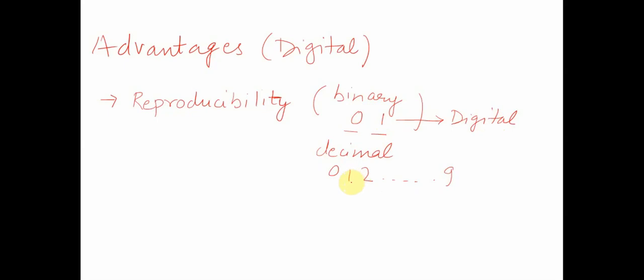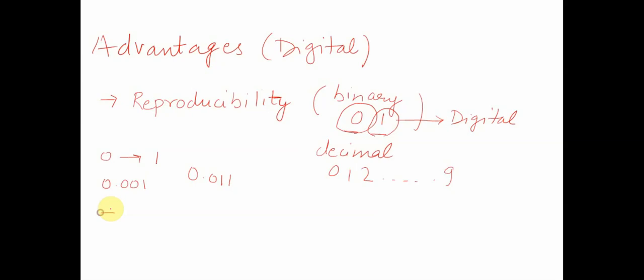When a system operates only in zeros and ones, if we have to trace some bug or failure, it can easily be retraced, because we have only a finite set of values, 0 and 1, in contrast with an analog system which could have continuous values, an infinite number of values between 0 and 1, be it 0.001, 0.011, right? So reproducibility of results is one of the main advantages of digital systems.